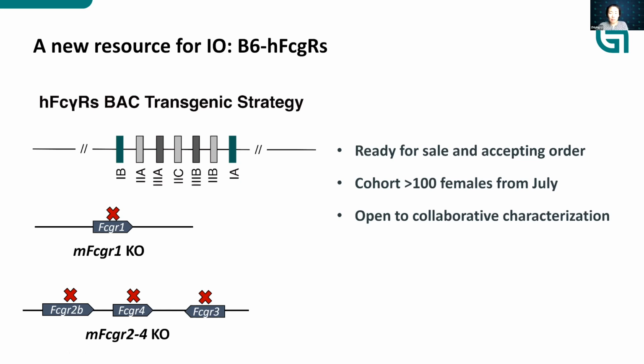And as I said before, no matter how much we have been characterizing or validating these animals, what we can do cannot cover everybody's needs. So we are still open to collaborations to further characterize these animals for any particular or specific use that our customers may have.